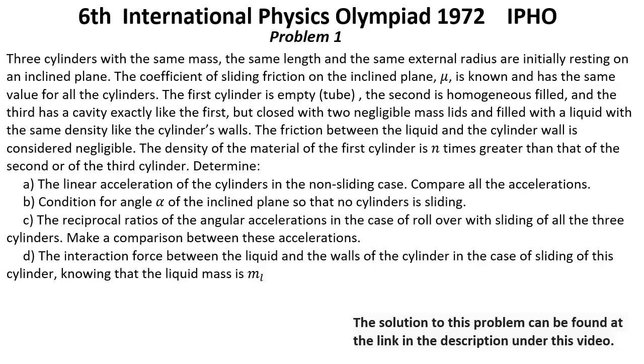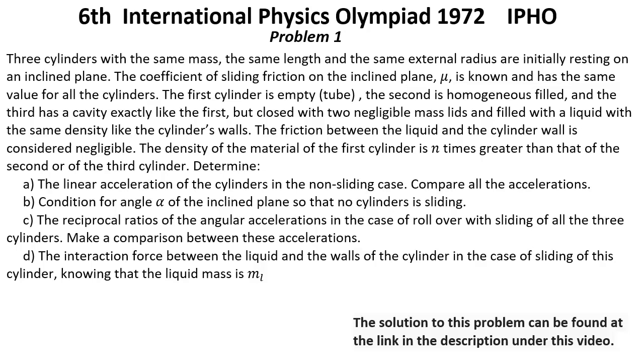Three cylinders with the same mass, the same length, and the same external radius are initially resting on an inclined plane. The coefficient of sliding friction on the inclined plane, mu, is known and has the same value for all the cylinders.